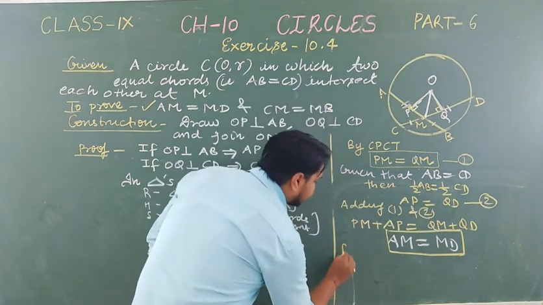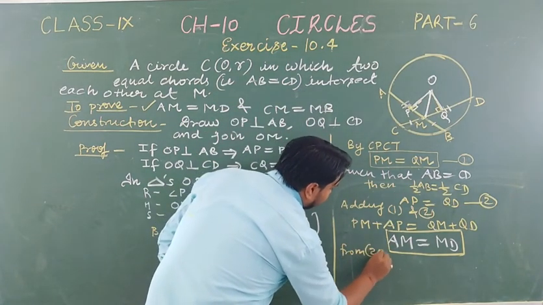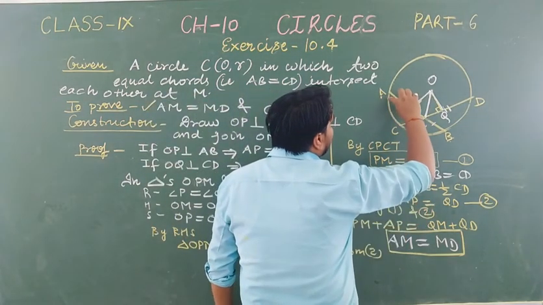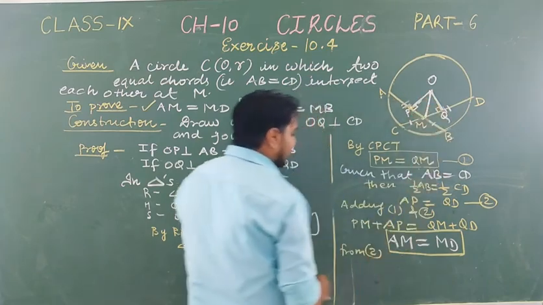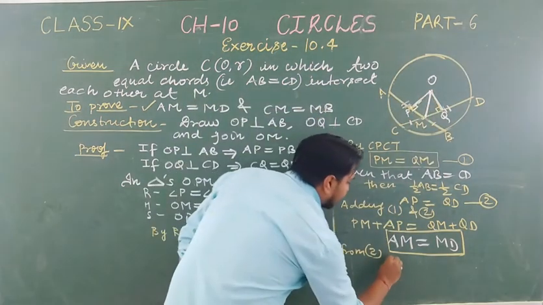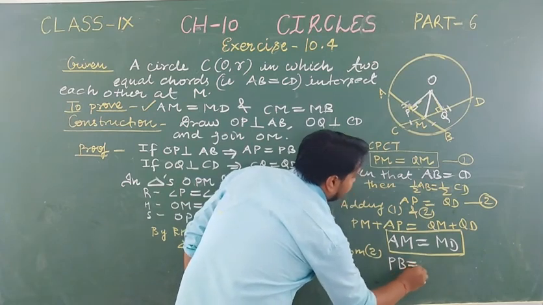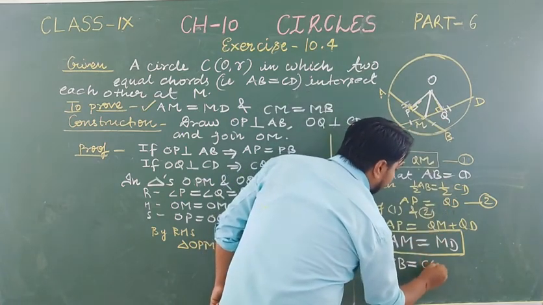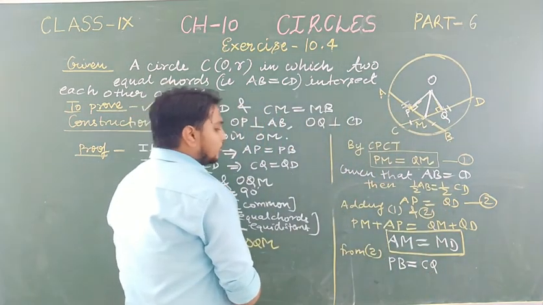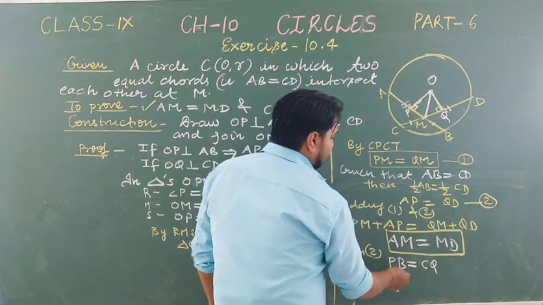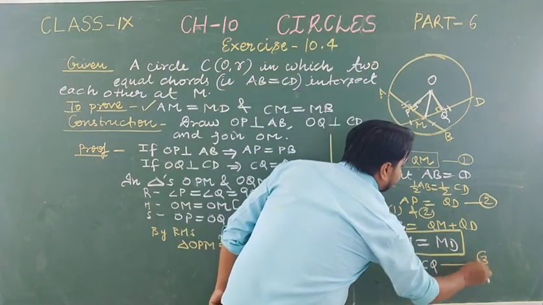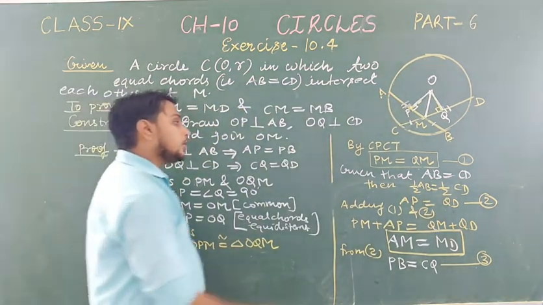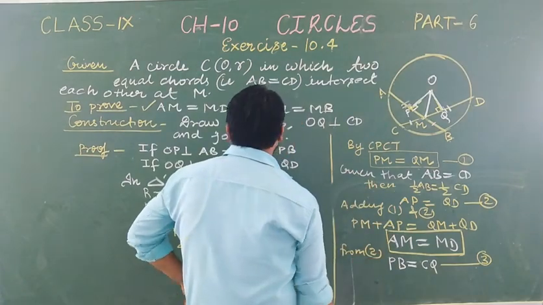So from 2 we get PB equal to CQ. Suppose it is equation number 3, and now you should subtract equation number 1 from equation number 3.